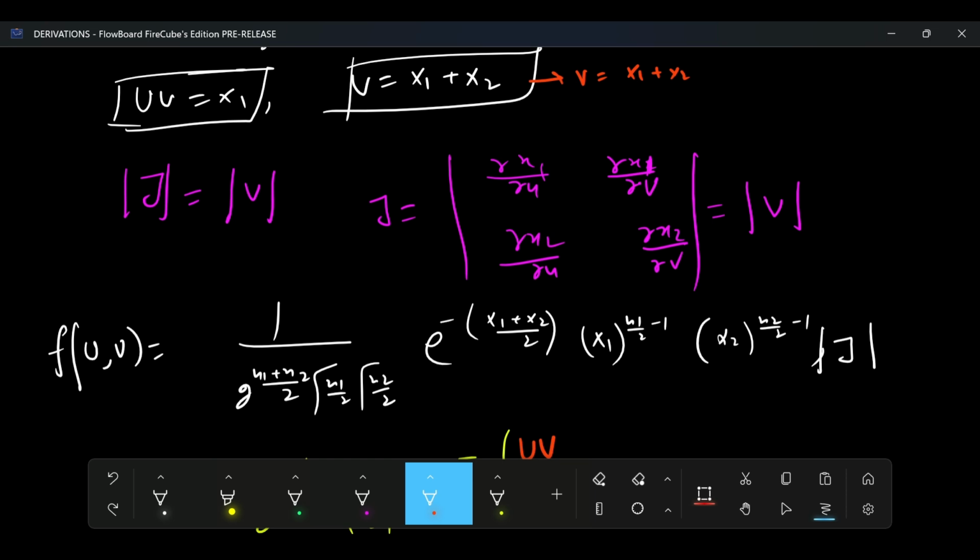Then, if we see what's x2 here, x2 will be v minus x1. What's x1? That's uv. So x2 is v minus uv, that is v times 1 minus u. So x1 plus x2 will be uv plus, what's x2? That is v times 1 minus u.